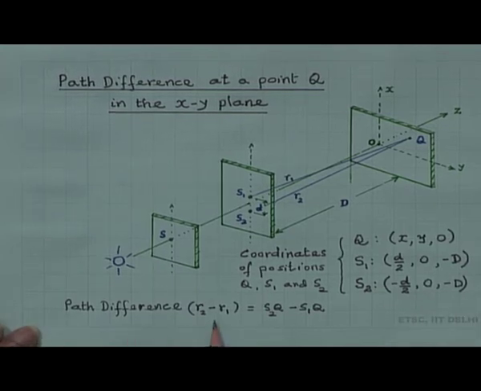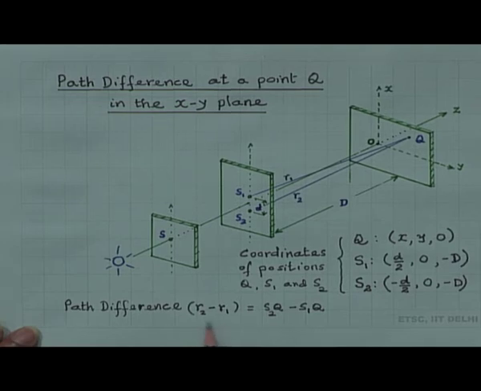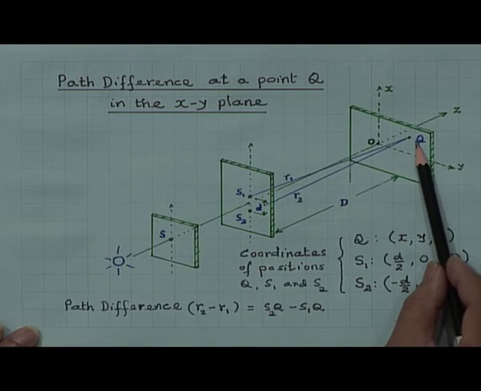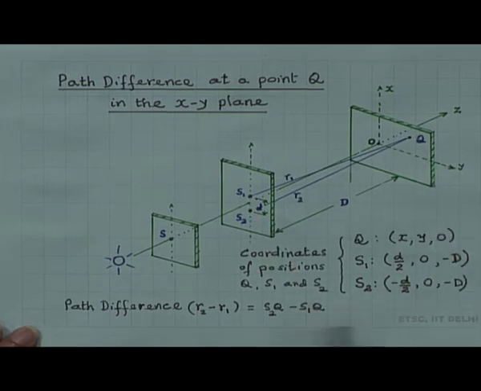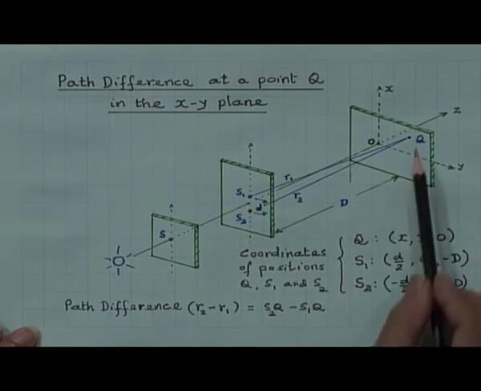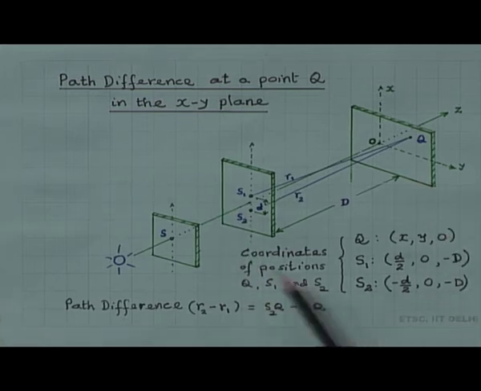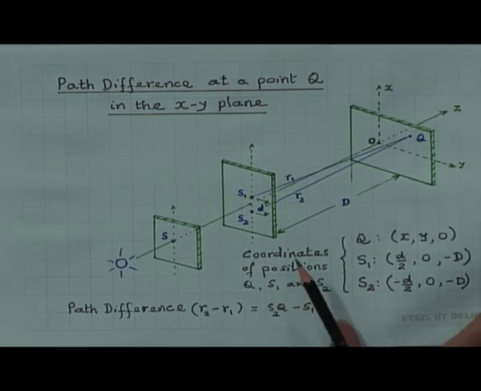And we have to determine the path difference R2 minus R1, which is S2q minus S1q. Once we know the coordinates of the points, we know how to determine the distance between the 2 points. So, let us determine the path difference at any arbitrary point q.